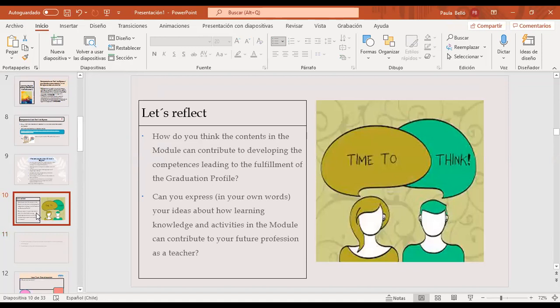Can you express in your own words your ideas about how learning knowledge and activities in the module can contribute to your future profession as a teacher? Well, how can you explain that?